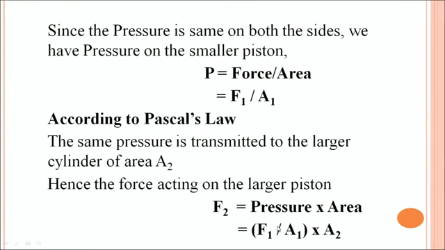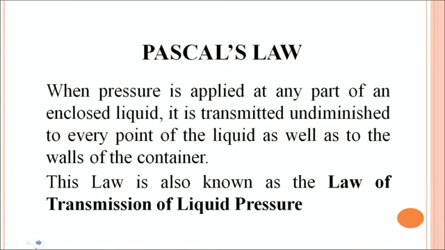Therefore, when both quantities are equal, by cross multiplication of the two expressions, we get this result. And this is the actual mathematical concept behind Pascal's law. This law is also known as the law of transmission of liquid pressure.